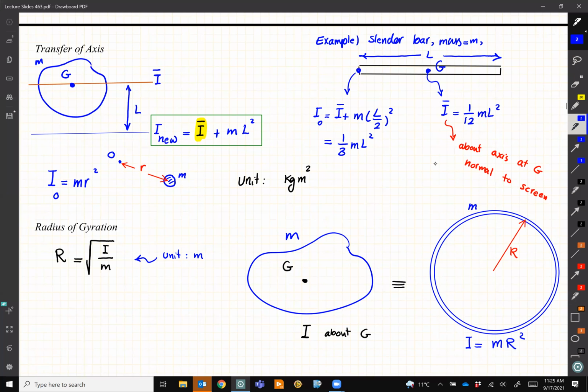Okay. Now I say, what should be the R, the radius of this ring, so that these two have the same mass moment of inertia? And this is where we get this R. So that's conceptually what we refer to as radius of gyration. And mathematically, as you see it over here.